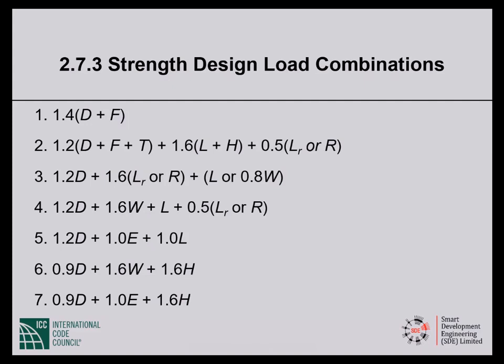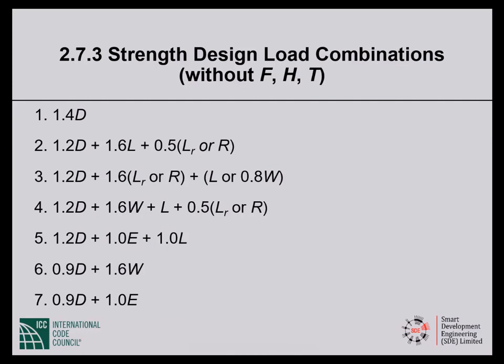Strength design load combinations, 7 of them. It has, in addition to dead load, live load, wind, and earthquake, which are the major loads, if you like, that we always deal with pretty much, we also have F, H, and T, fluid pressure, hydrostatic pressure, and temperature effects. If we strip those other loads, F, H, T, which are typically not there, the design load combinations get reduced to what you see before you.